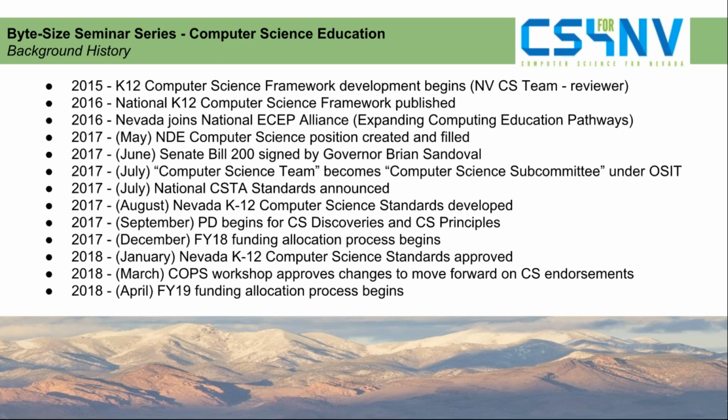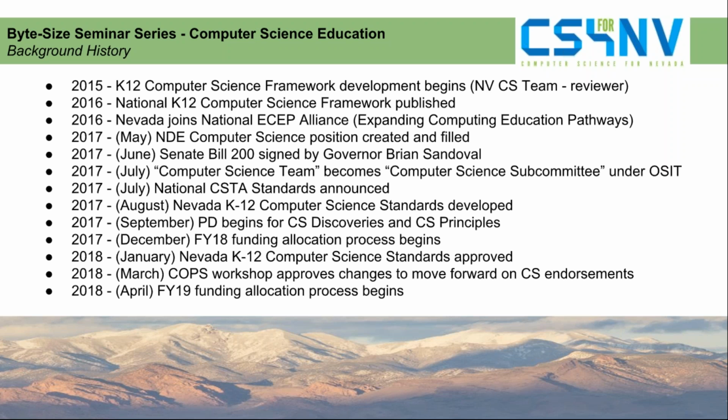In December of last year, our fiscal year of 18 funding allocation, that is part of Senate Bill 200, that process began. In January of this year, our computer science standards were approved through the state board.